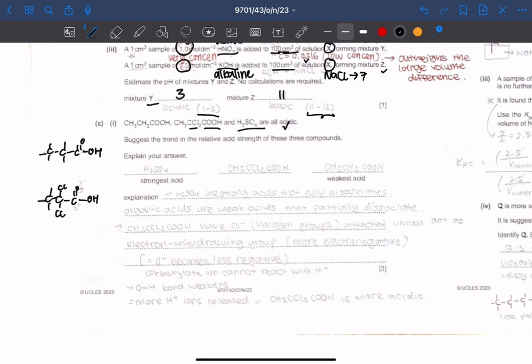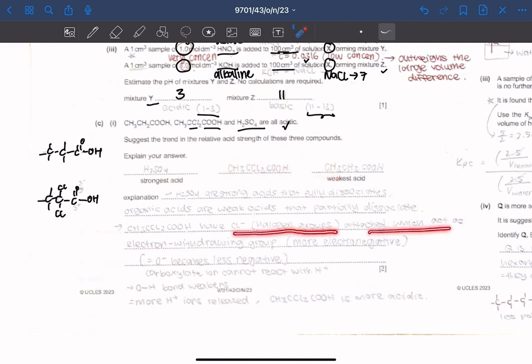Explain your answer. So of course, the strongest acid here is H2SO4, because H2SO4 is a strong acid that fully dissociates. Meanwhile, you all know from AS level that organic acids are weak acids that partially dissociate. So now it's left with the organic acids. CH3CCl2COOH is actually more acidic compared to this because of the Cl groups.